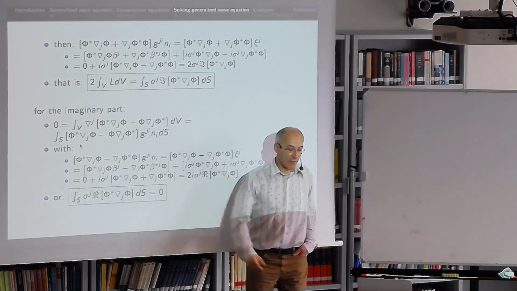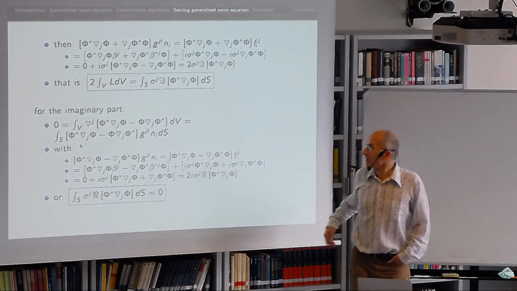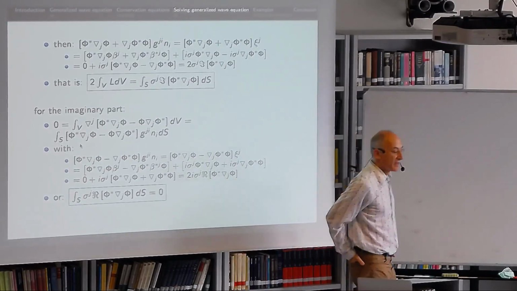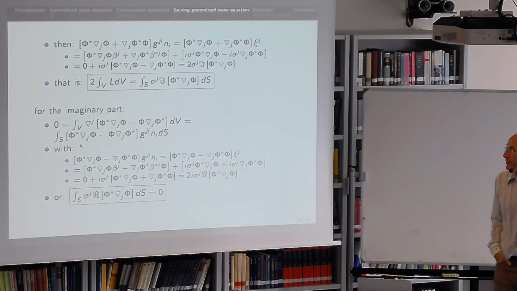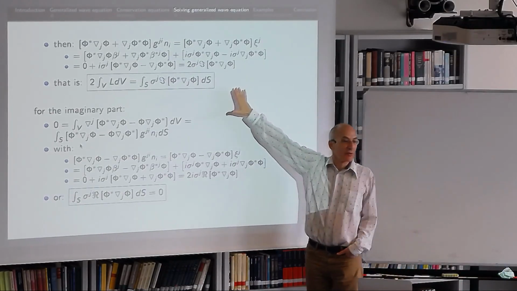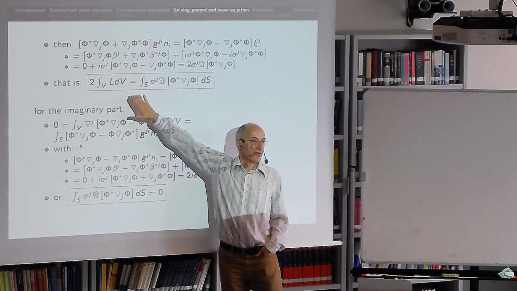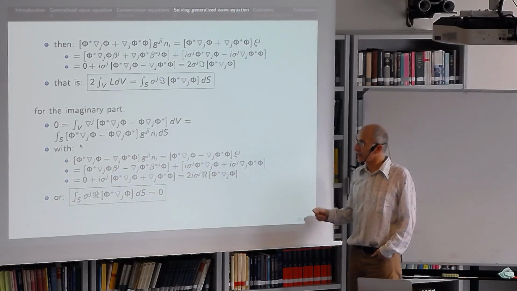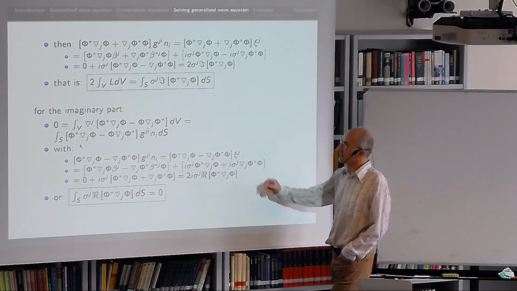It's the imaginary part, so it's actually the vector potential multiplied by the imaginary part of the admittance. So if we consider that the admittance is purely real, then this vanishes, and this is what we will do in the following in order to solve the particular cases.